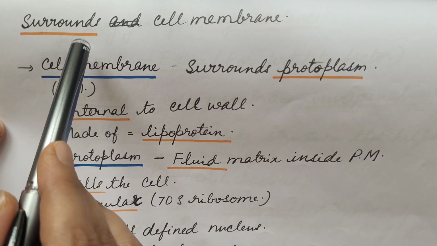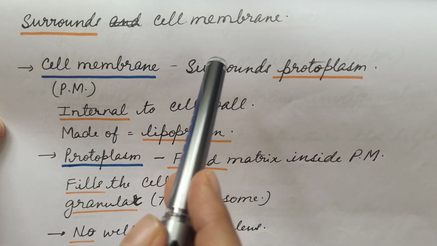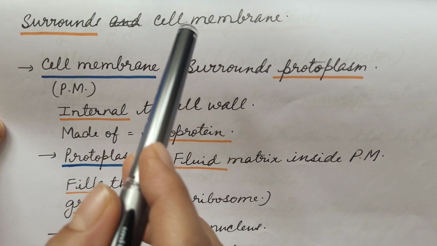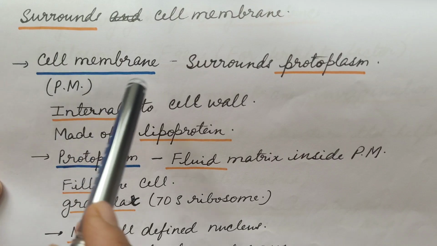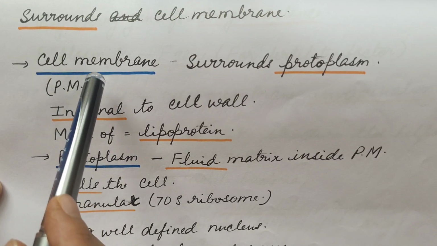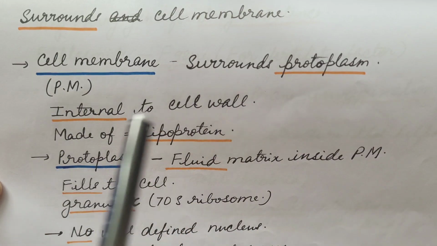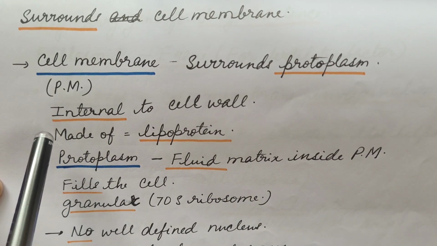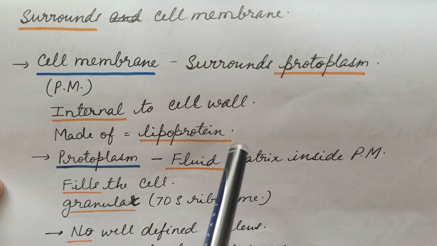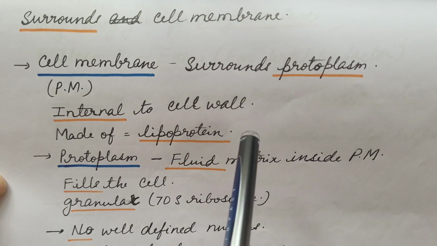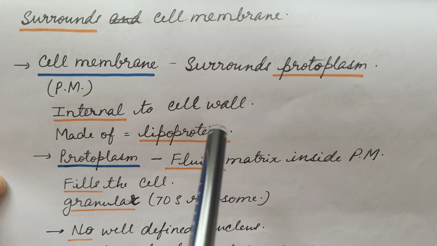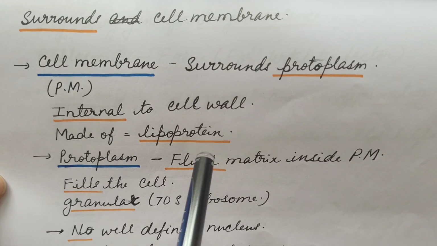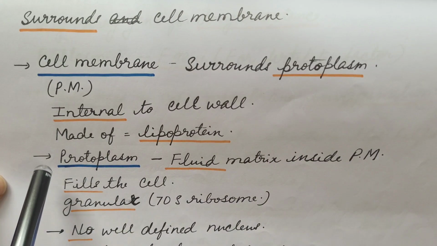So it is present external to the cell membrane and internal to the glycocalyx. Then next is the cell membrane, also known as plasma membrane. It surrounds the protoplasm. It is present internal to the cell wall and it is made up of lipoprotein, that is, unit membrane. This we have already discussed in the plasma membrane video. You can refer to it. A link is given in the description box.